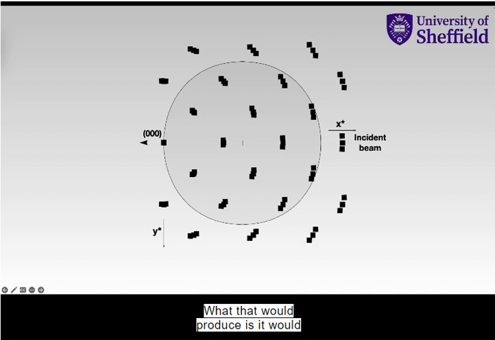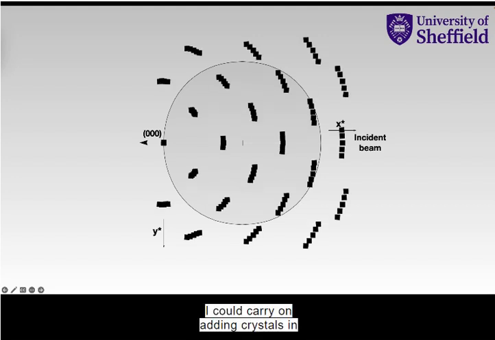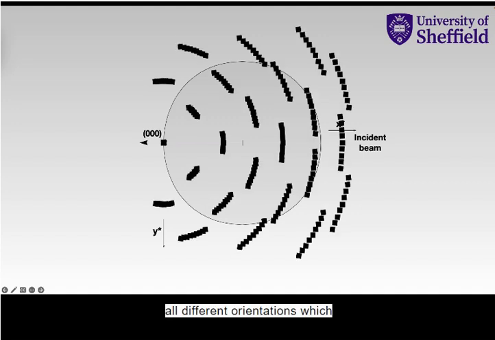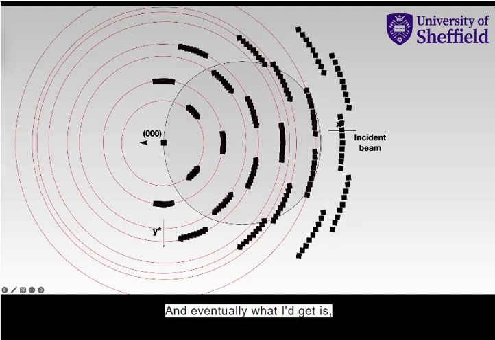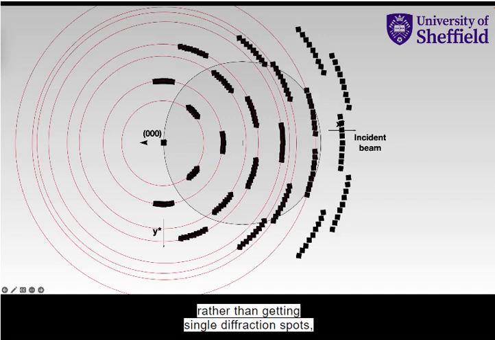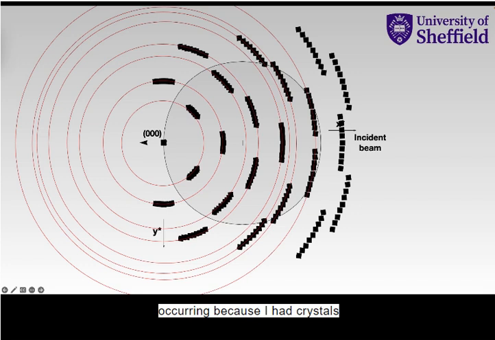That would produce a diffraction pattern that would overlay, where I get another diffraction spot slightly offset from the first. I could carry on adding crystals in all different orientations which would overlap, and eventually, rather than getting single diffraction spots, I'd get a ring of diffraction, because I had crystals in all different orientations.